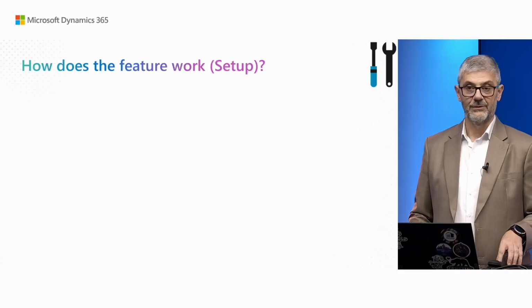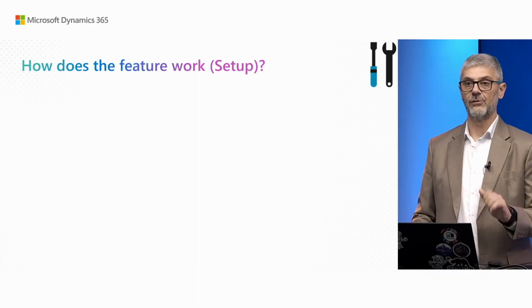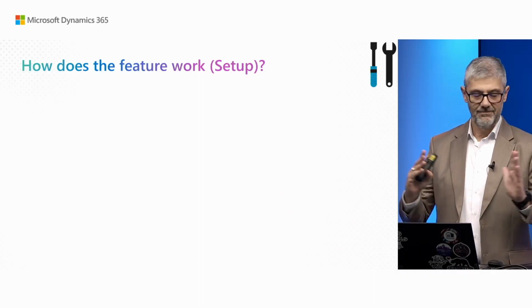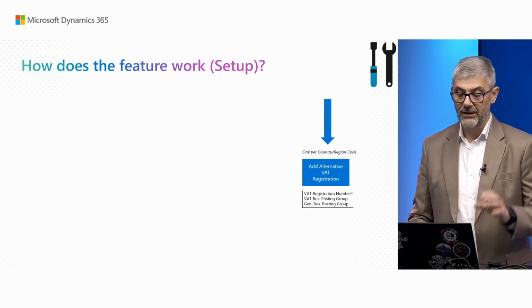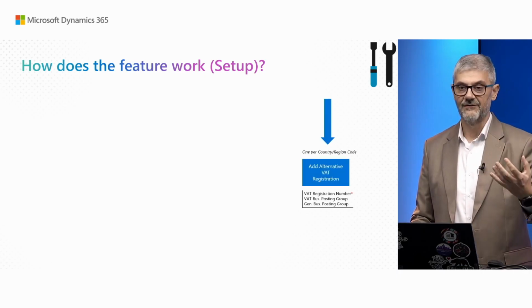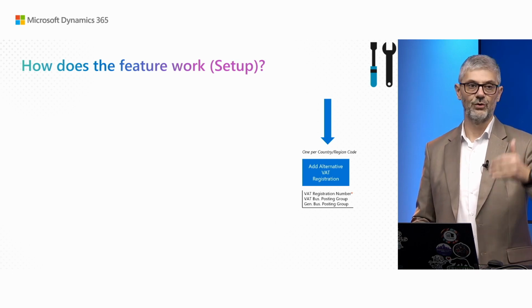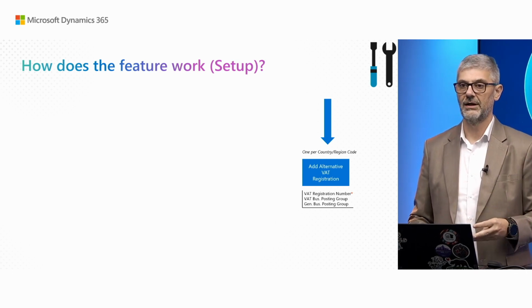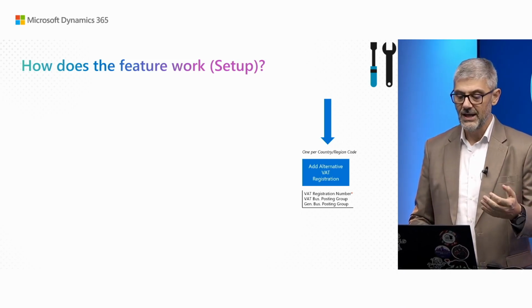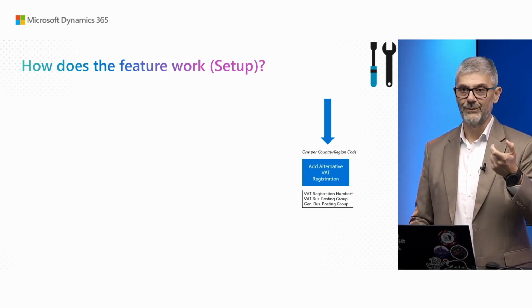So how does it work? First, let's look at the setup. Let's imagine the perfect scenario, where you configure everything in advance. You have an alternative VAT registration table, so you can go to this table, add all your customers, and define all the countries they are working with. You can configure one VAT per country.